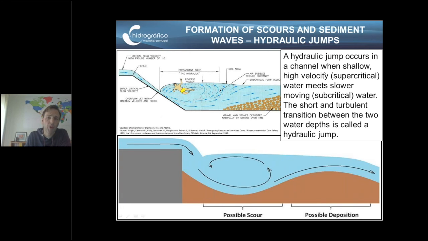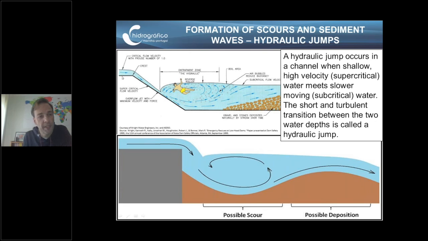A hydraulic jump occurs in a channel, but not only in channels, when very high velocity supercritical or turbulent flows meet slower moving subcritical or laminar flows of water. So this is an example here. This transition between supercritical and subcritical will create a turbulent flow in the middle.